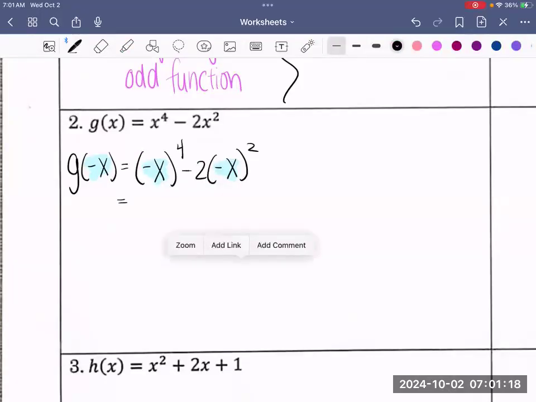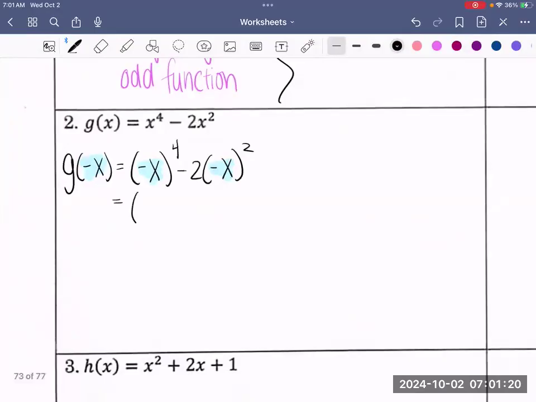So we can put in the negative, and even powers will not produce a negative on the outside. This is really negative x multiplied by itself 4 times, so the negative will drop. We get a positive x to the fourth minus 2.